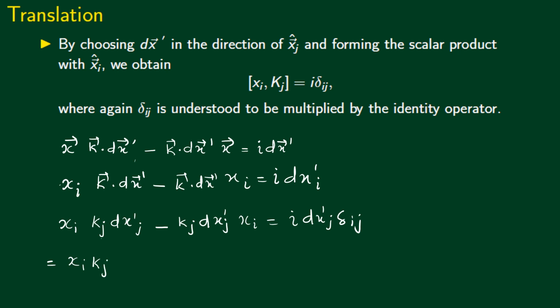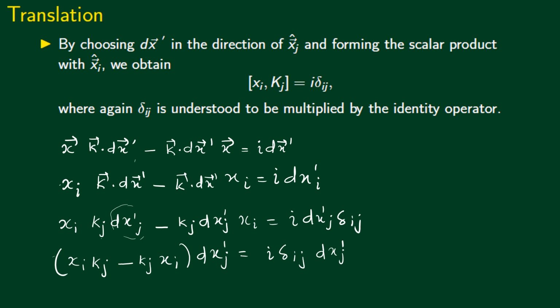This dx prime j is common now. It's an infinitesimal parameter. Right. It's a number basically with the dimensions of length. Right, so this dx prime j can be pulled out now. So I get x_i k_j minus k_j x_i, okay, multiplied by dx_j prime. This is equal to i, let me write this like this, delta ij dx_j prime.